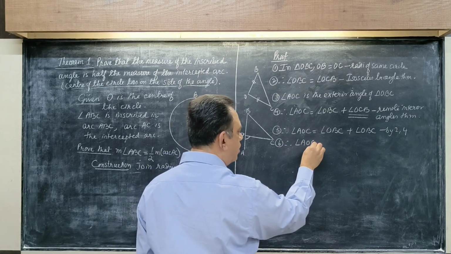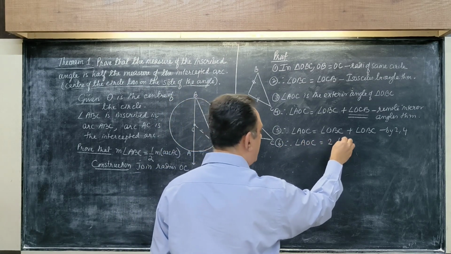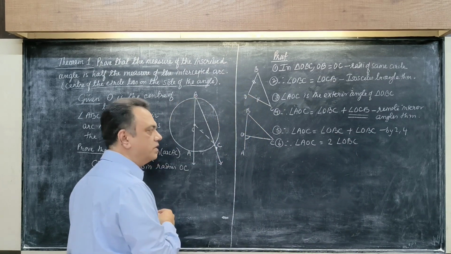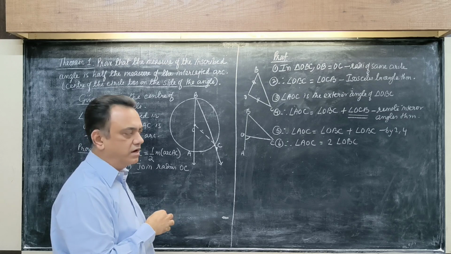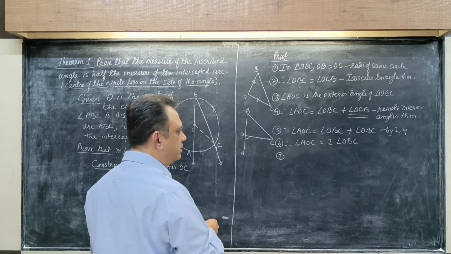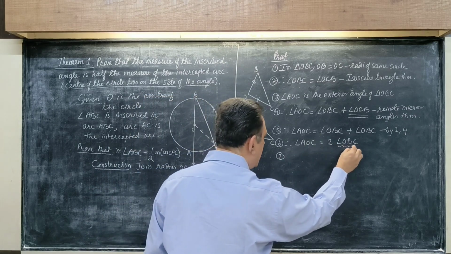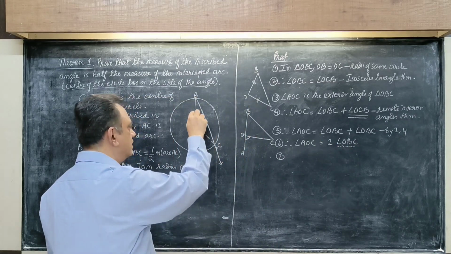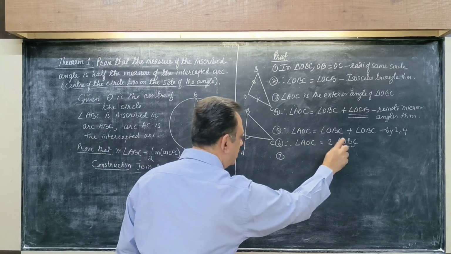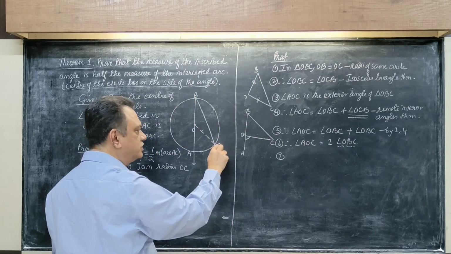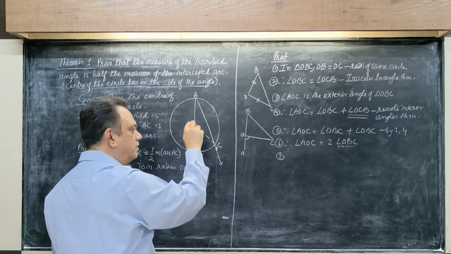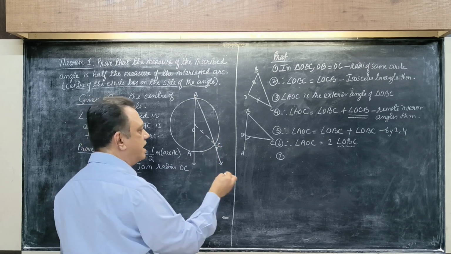Therefore, angle AOC is twice of angle OBC. Seventh step: for this angle OBC, I will change the name and write angle ABC. It's the same angle with a different name.